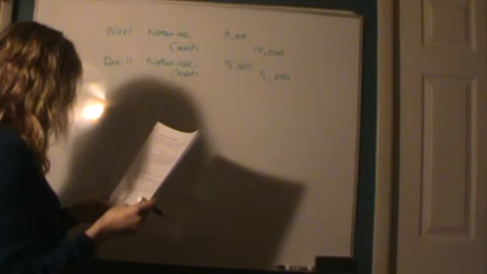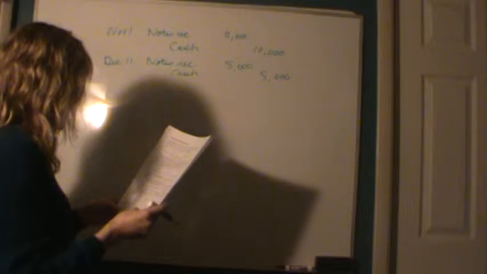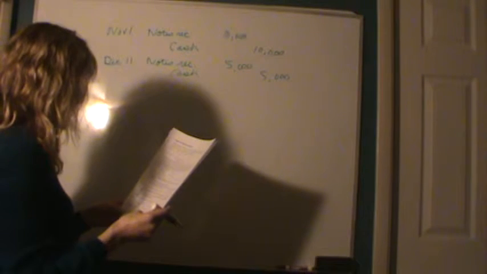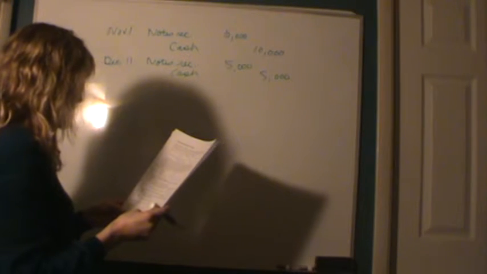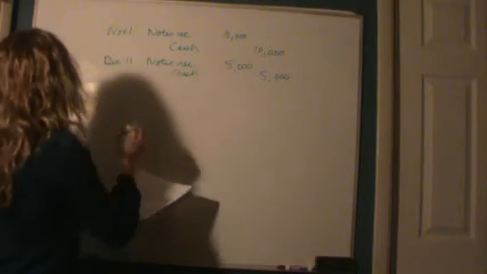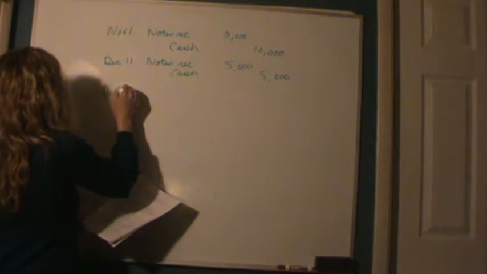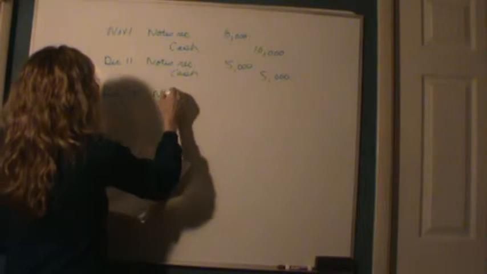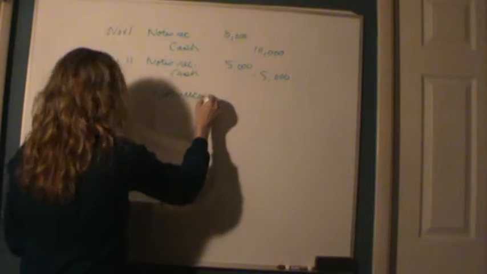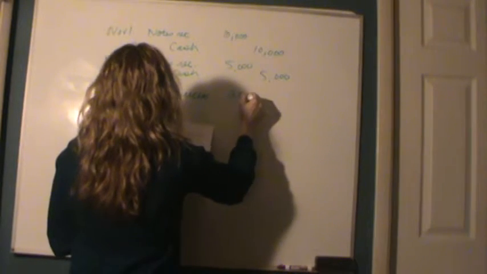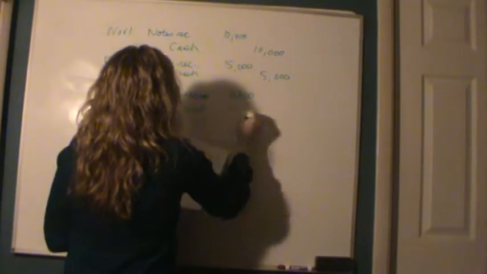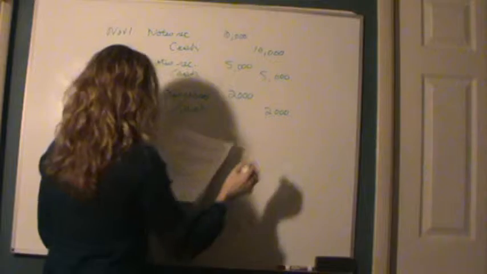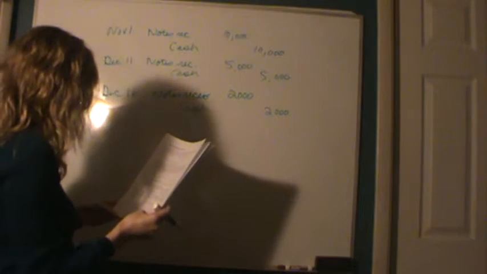On December 16th, received a $2,000 4-month 5% note in exchange for A Company's outstanding accounts receivable. So, December 16th, we're going to debit notes receivable for $2,000 and credit cash for $2,000.